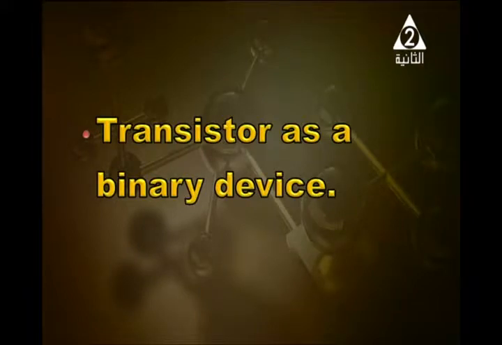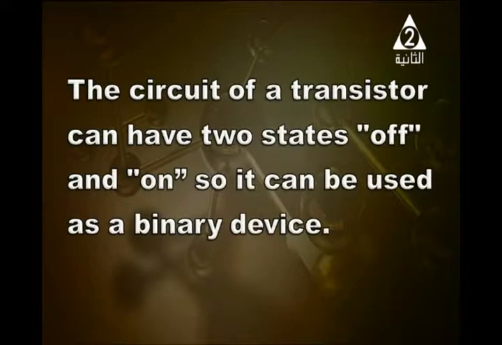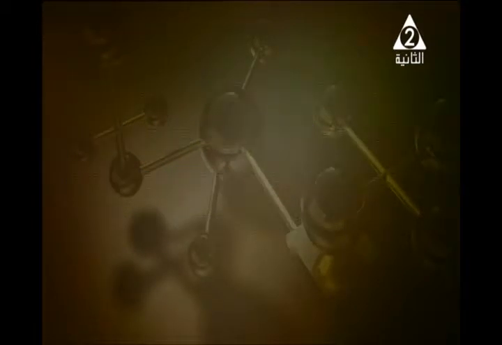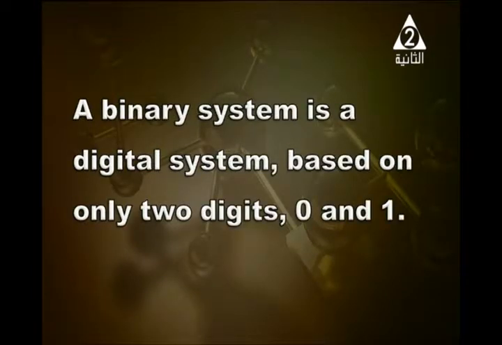Idea of the transistor as a binary device: the circuit of a transistor can have two states, off or on, so it can be used as a binary device. As I said, a binary system is a digital system based on two digits. The digits are 0 and 1.